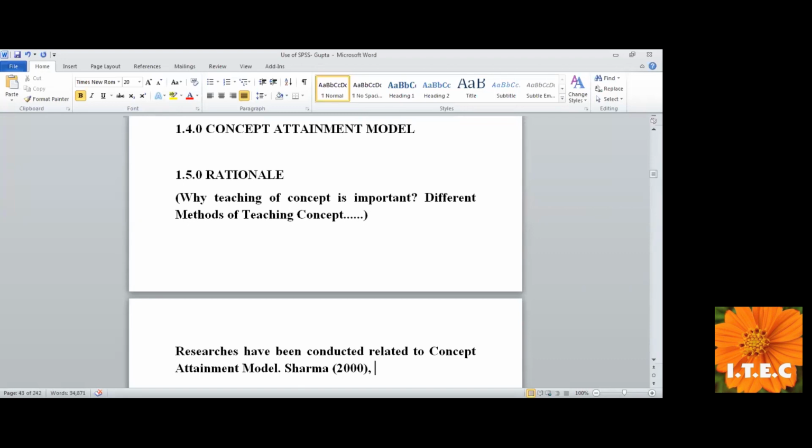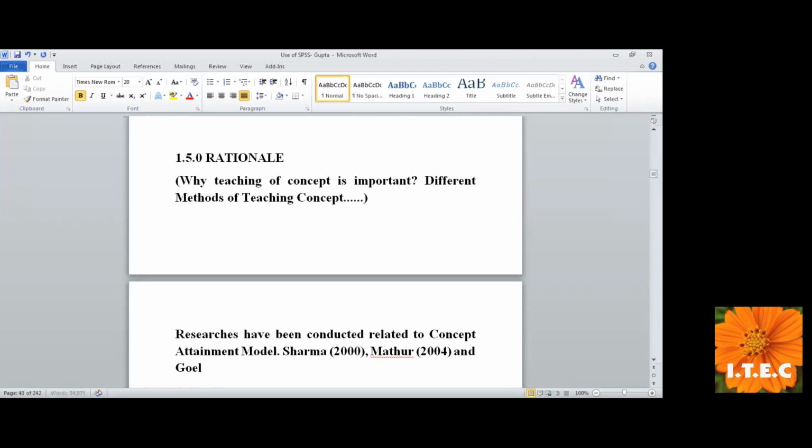You will get that trend when you put it in the ascending order. So you can say Sharma 2000. I'm just writing like that. Mathur 2004 and Goyal 2006.